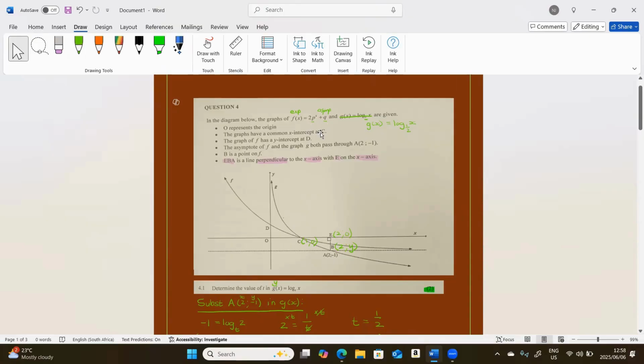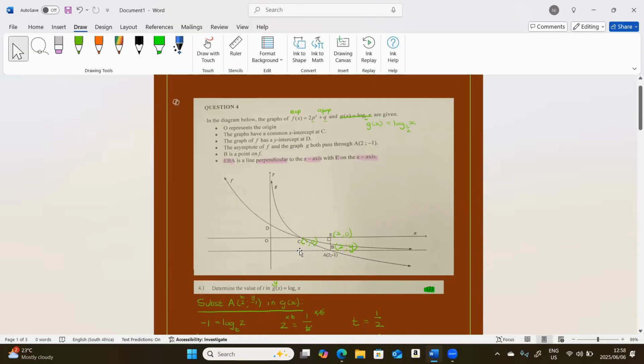We saw that they give us the asymptote over here. We just need to go and get the exact value of this asymptote, right? Because a horizontal line means a y value, right? Y equals something. Okay, and we can get that.